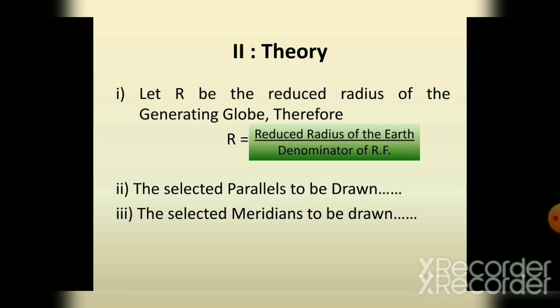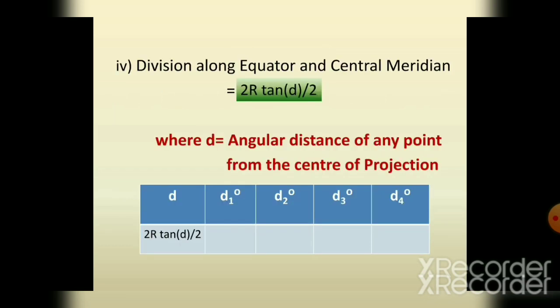Depending on the interval of the projection, you have to mention the parallels north or south and meridians east or west. The next step is to calculate the division along the equator and central meridian, which can be expressed as 2R tan(d/2). You already know the value of R from the reduced radius of the earth, and d represents the angular distance of any point from the center of the projection.